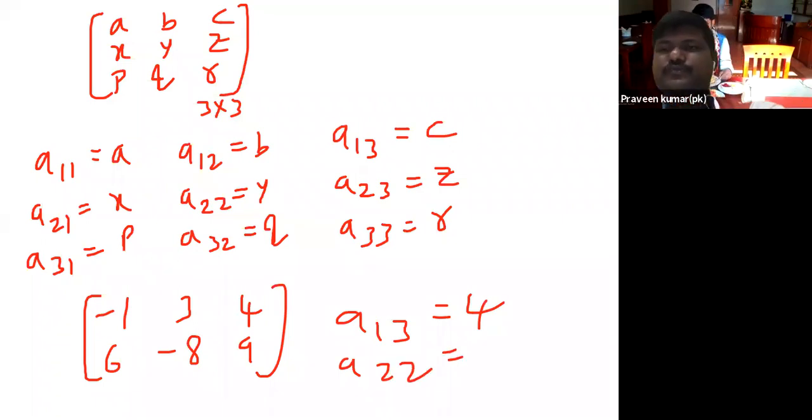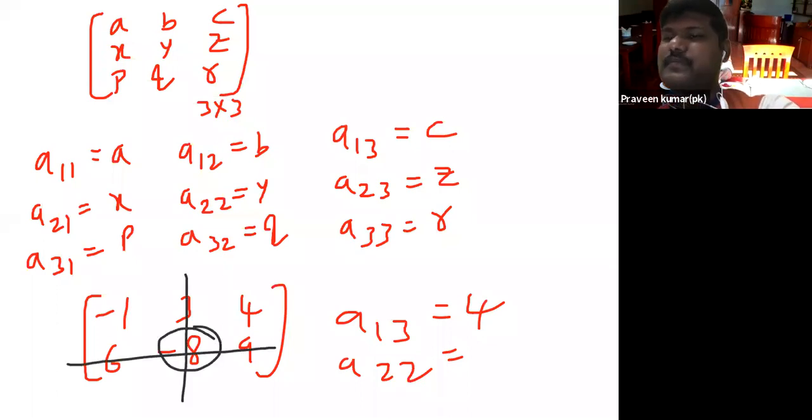Second row, second element. How to check this? Second row, second element. So this one, -8. Correct? Now everyone understood how to represent a matrix. Okay. Right, everyone. Copy it, everyone.